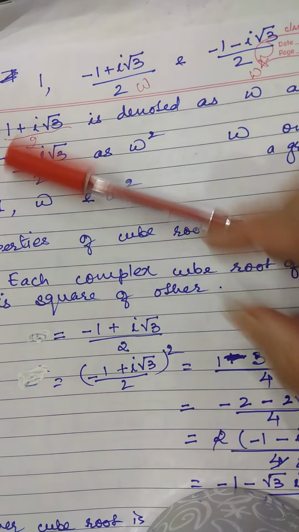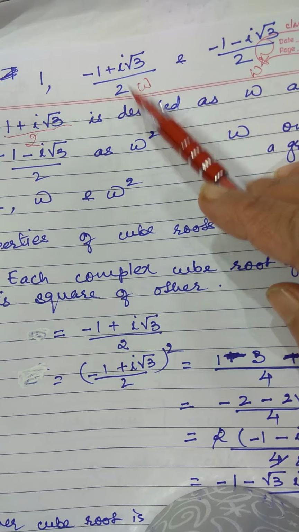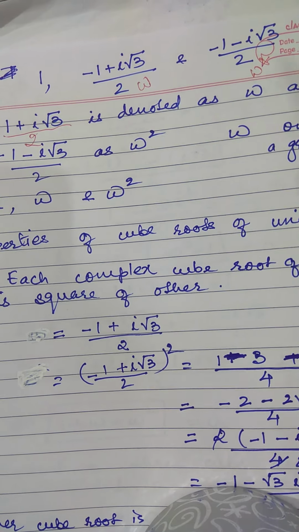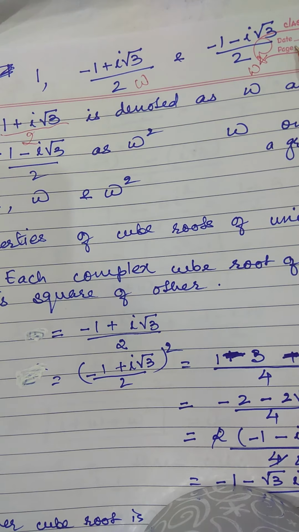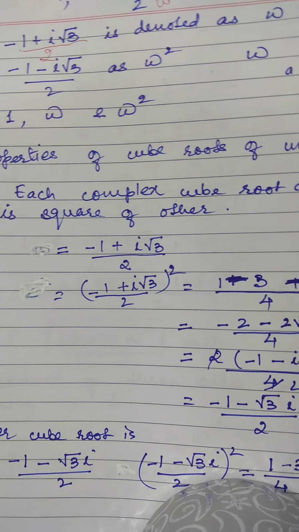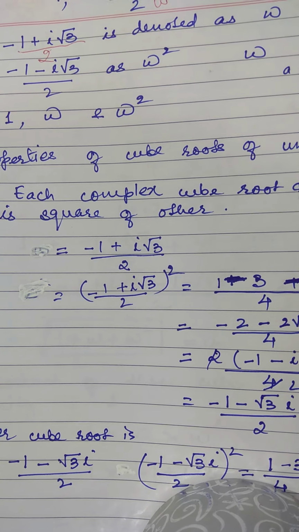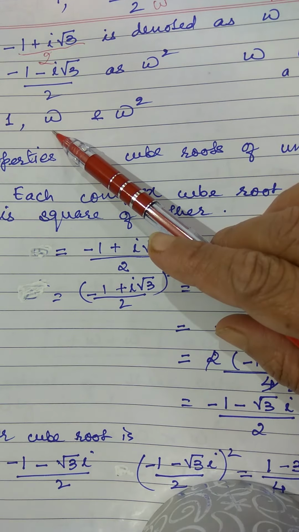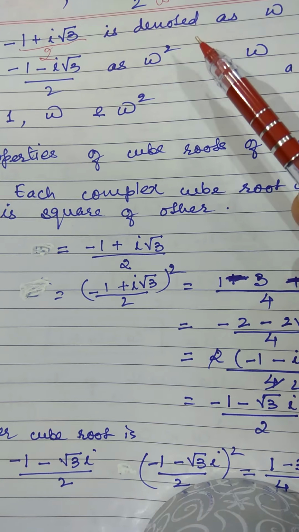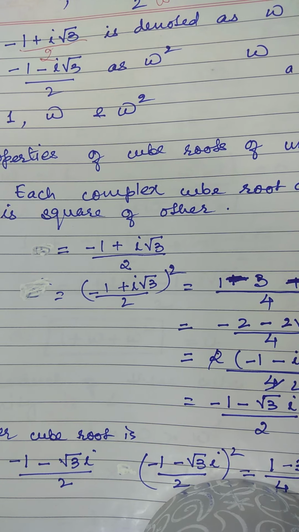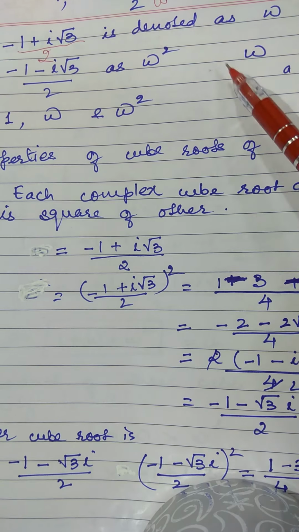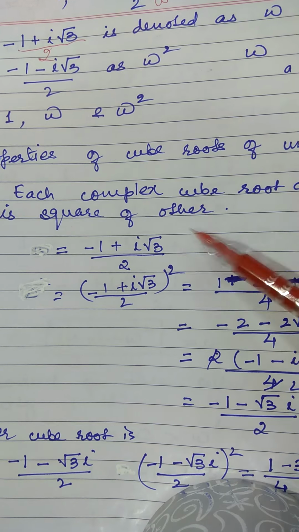You know, one of the complex cube roots of unity is the square of the other. So if this is omega, then this is omega square. So now the 3 cube roots of 1 are 1, omega and omega square.